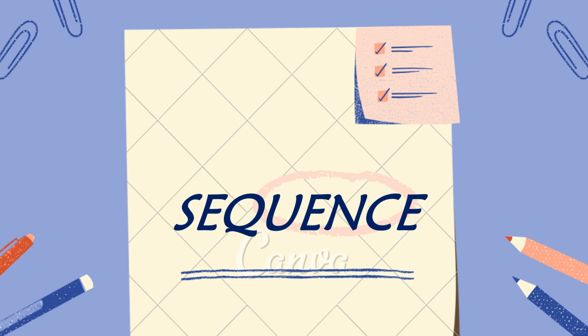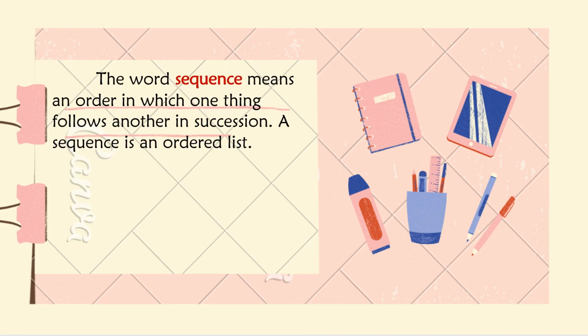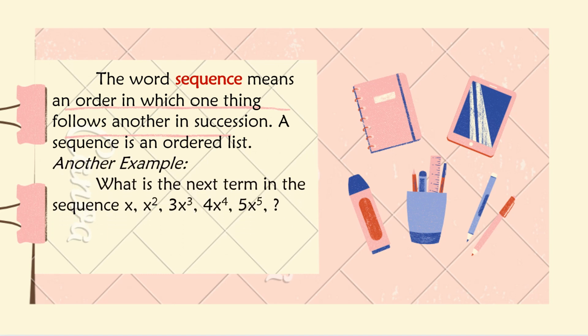Okay, so now let us define what is a sequence. The word sequence means an order in which one thing follows another, a succession. So a sequence is an ordered list. Let's have another example. What is the next term in the sequence?